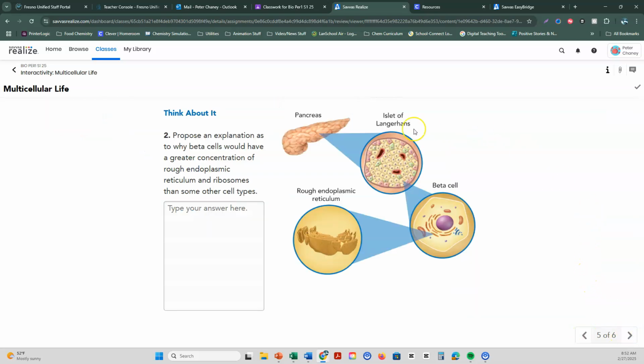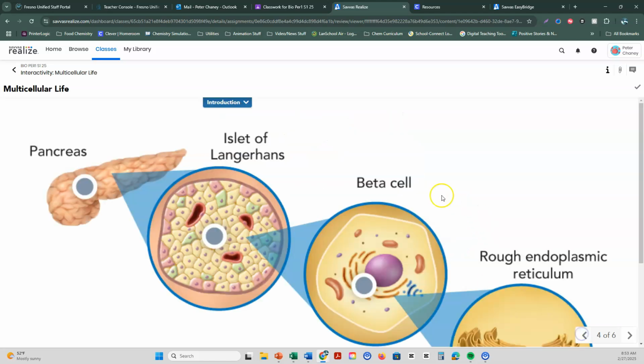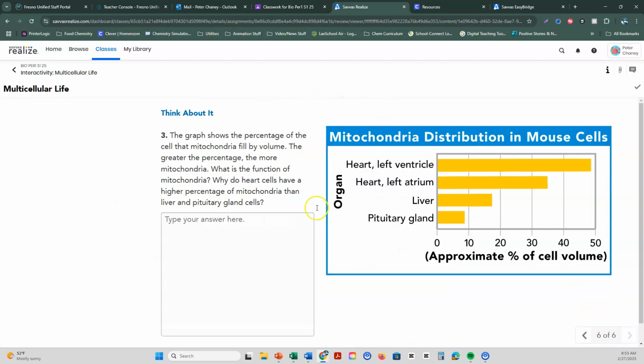Based on all of that information, from the pancreas to the islet of Langerhans to the beta cell to the rough endoplasmic reticulum, propose an explanation as to why beta cells would have a greater concentration of rough endoplasmic reticulum and ribosomes than some other cell types. We talked about a key word in all three of those descriptions in the previous section, so base your answer on these information cards. And then lastly, we have a question about this graph.